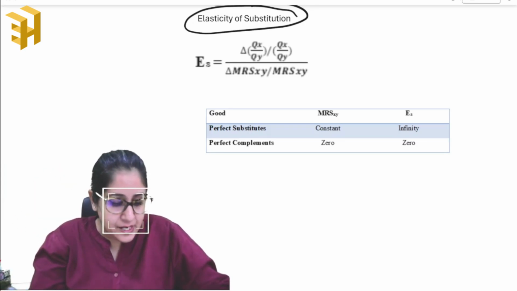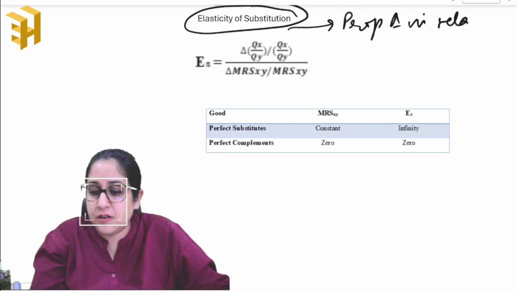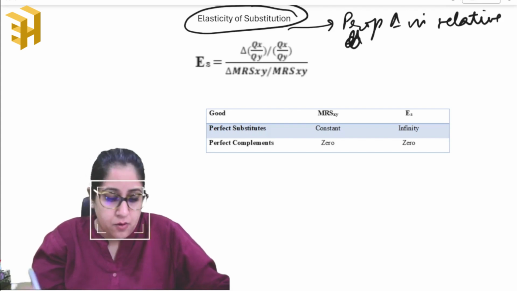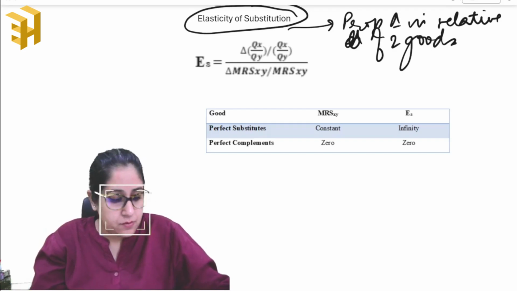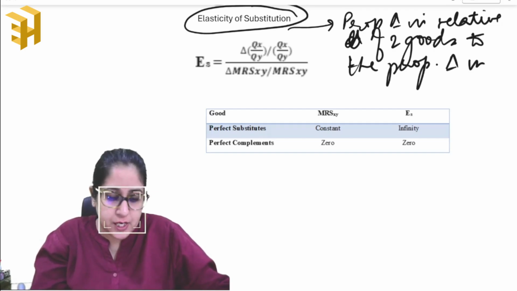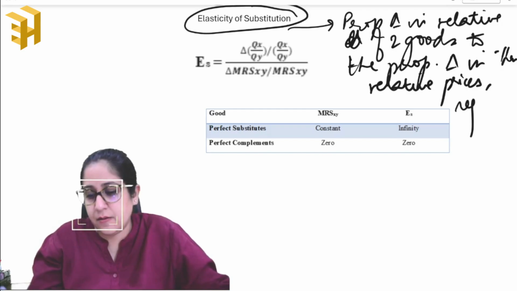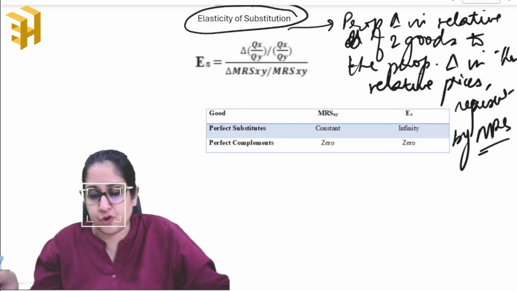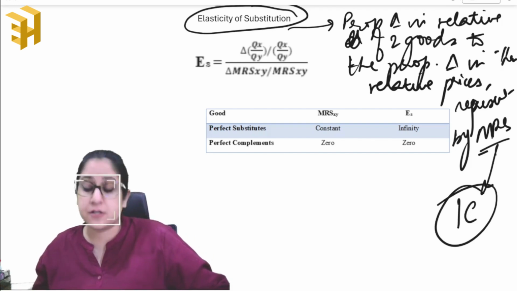It is the proportionate change in your relative demand of the two goods to the proportionate change in their relative prices, that is represented by MRS, marginal rate of substitution. Heads up, marginal rate of substitution is also the slope of the indifference curve.